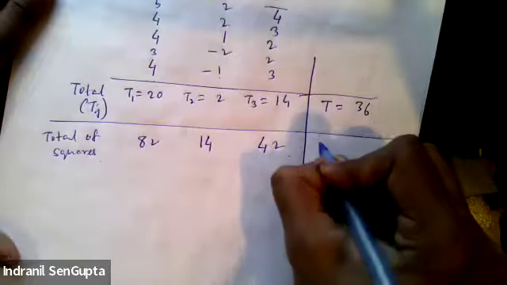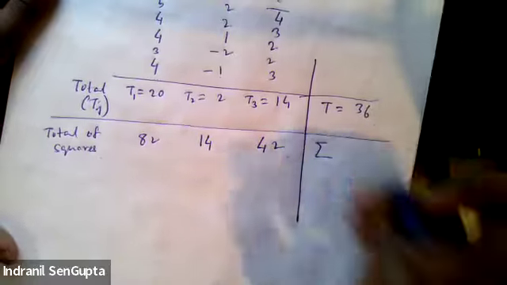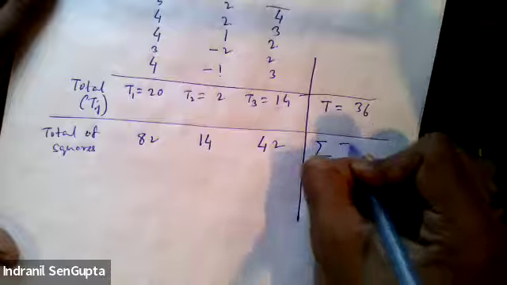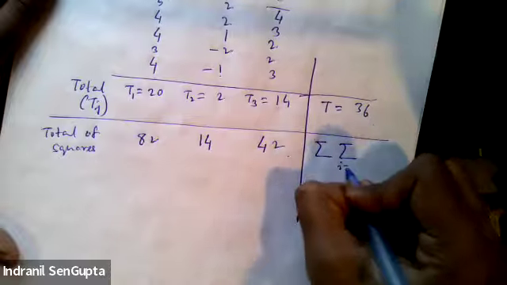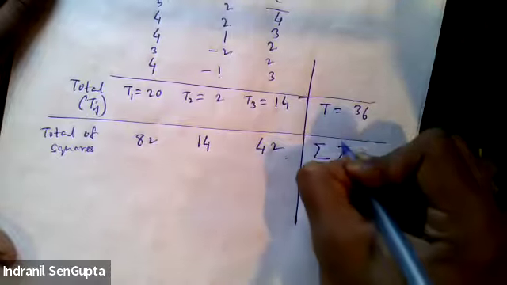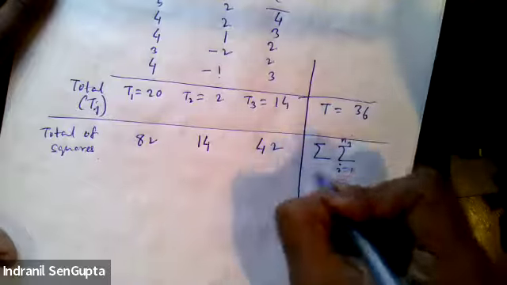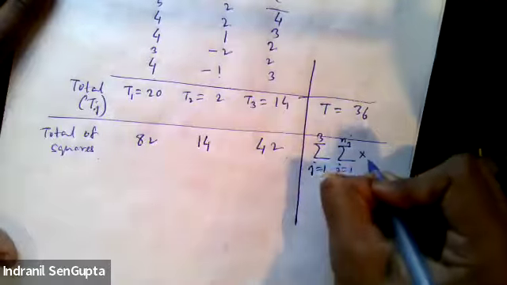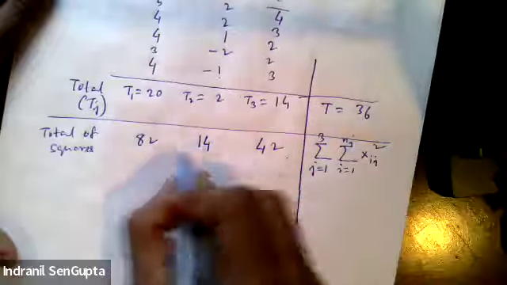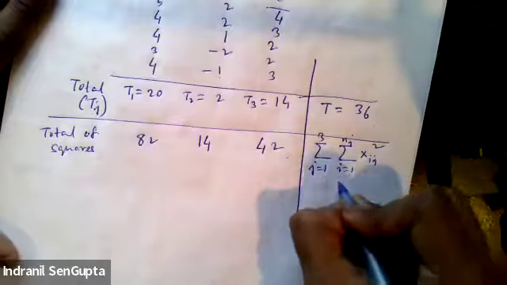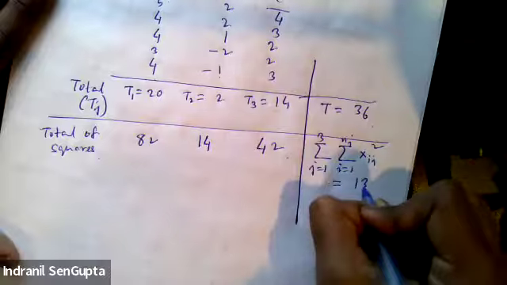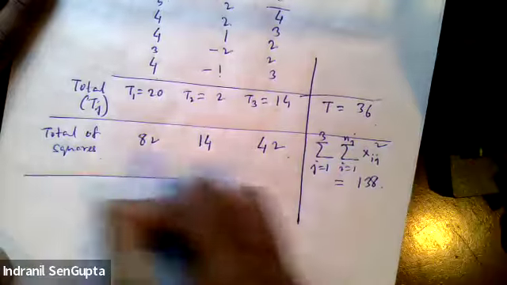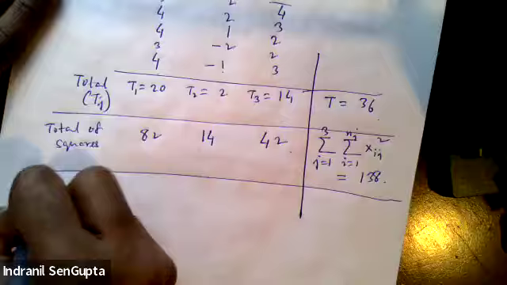So we have the sum over i from 1 to n sub j, j from 1 to 3, once again 3 groups, of xij squared. The sum of all these 3 is 138.